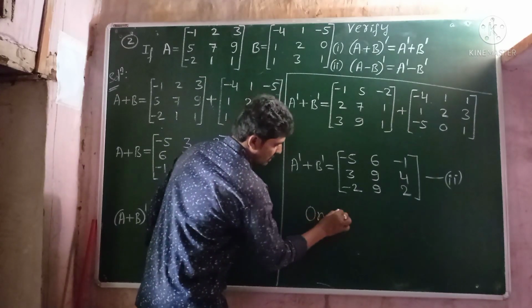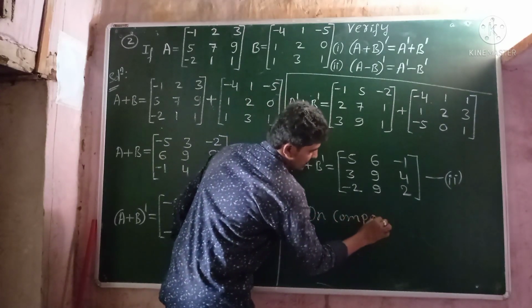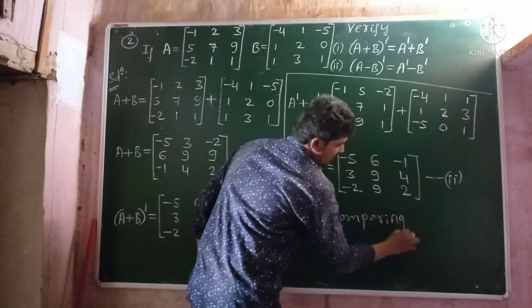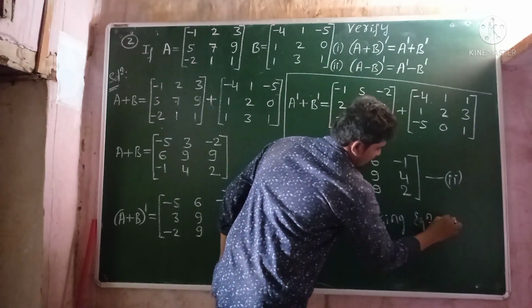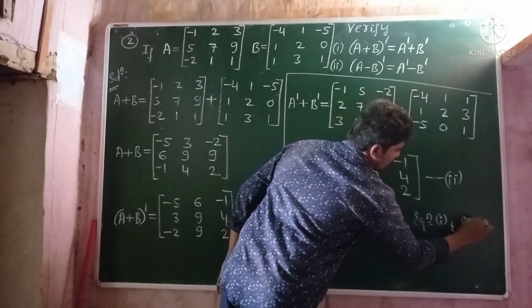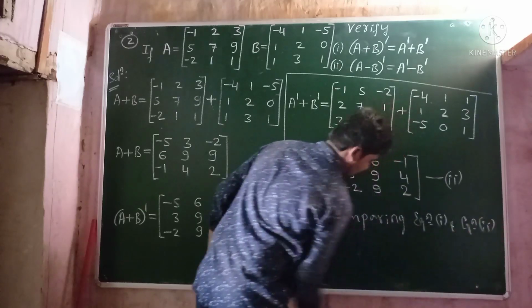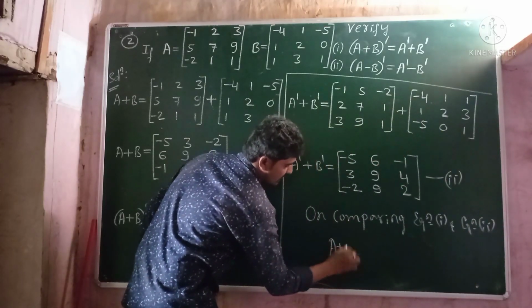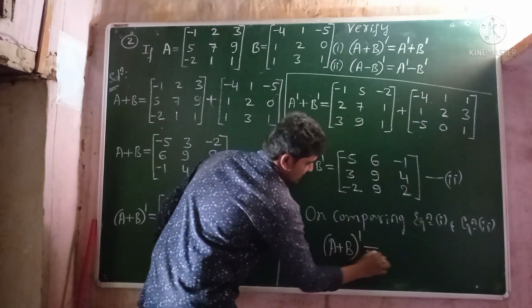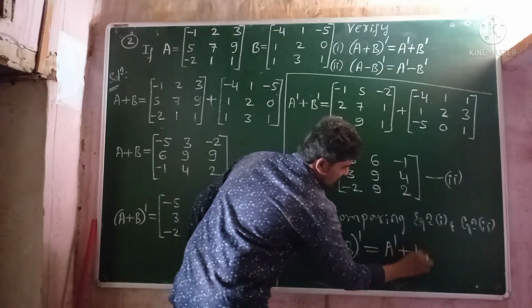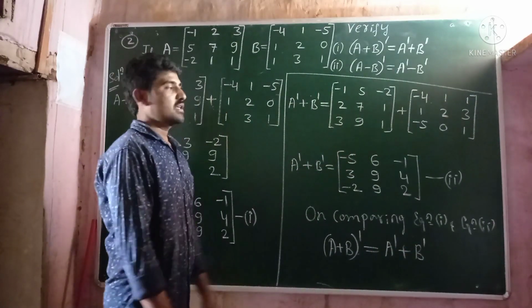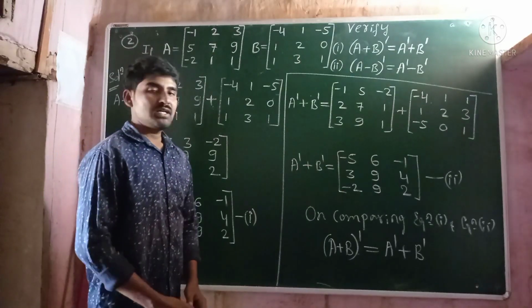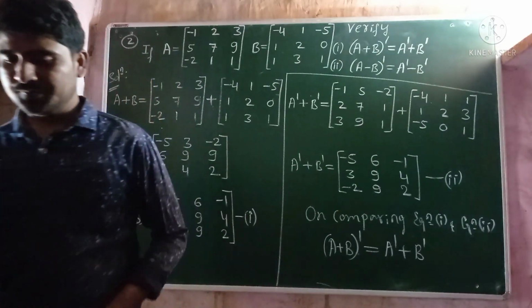On comparing equation 1 and equation 2, transpose of the matrix A plus B is equal to transpose of A plus transpose of B matrix. I hope all of you understood. If possible, take a note.